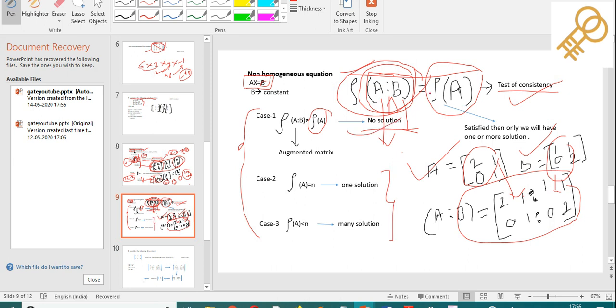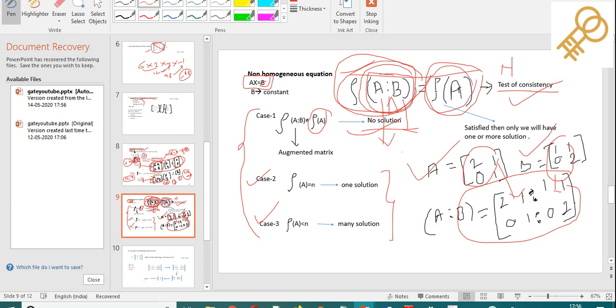If the test of consistency is satisfied, you have to check case 2 and case 3. If it is not satisfied, then you can easily tell that it will give no solutions, because in these non-homogeneous equations the rank should be equal to or greater than, not less than, the number of variables.